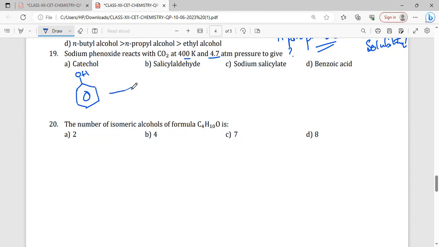We take phenol, and when you add sodium hydroxide to this, you get sodium phenoxide. H plus will be replaced by sodium. Now, this on treatment with carbon dioxide, what will you get?